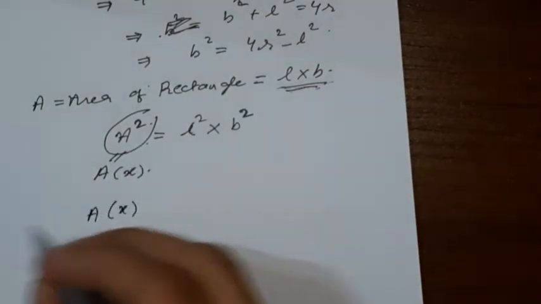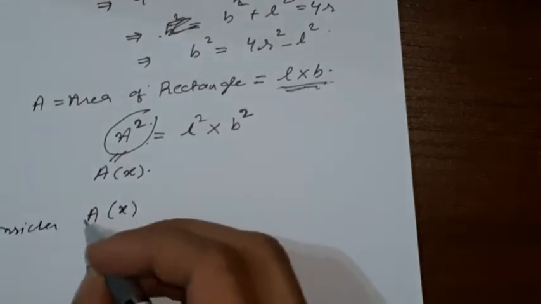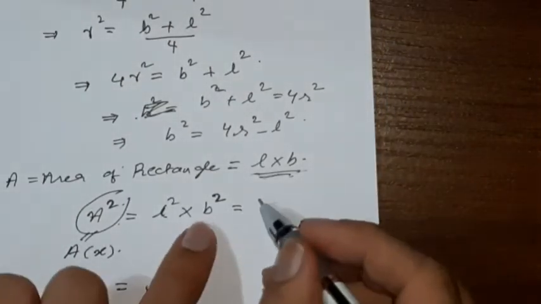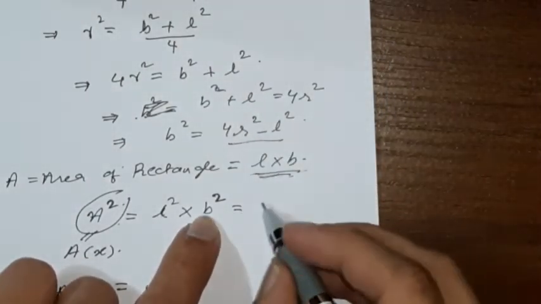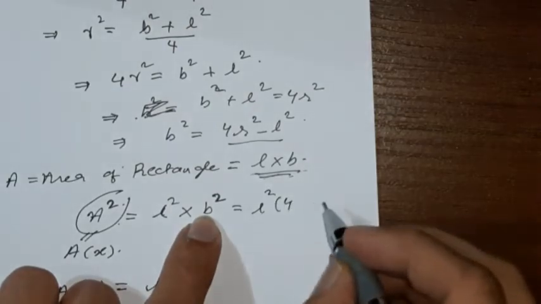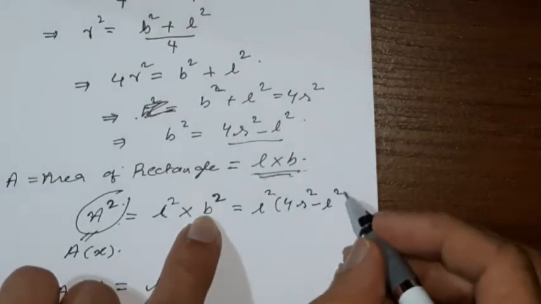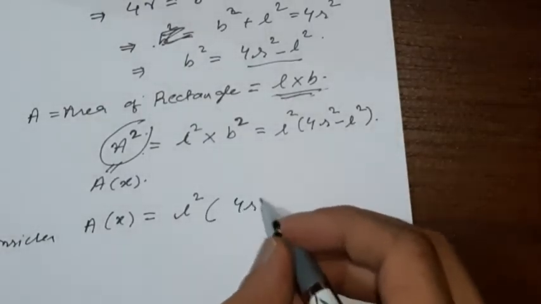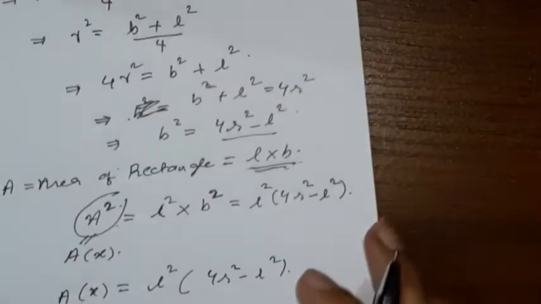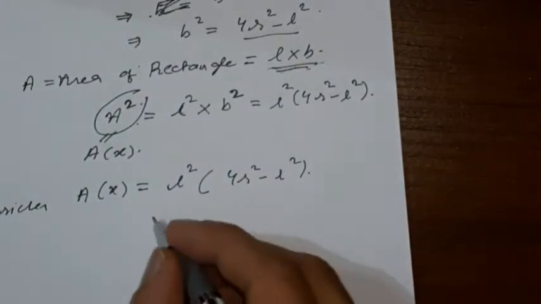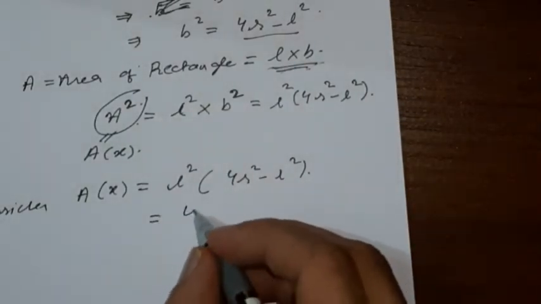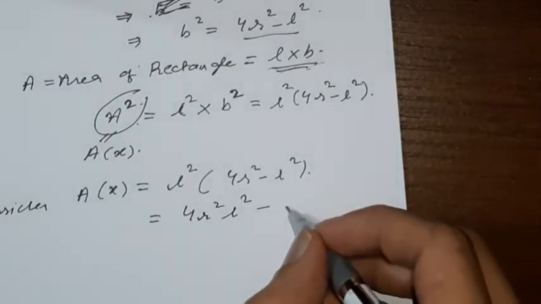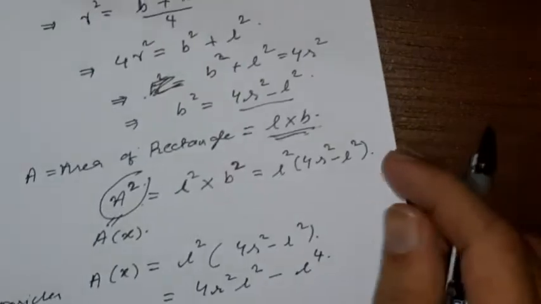So A(x), consider A(x) equal to L², right? What is B²? That is this, right? So this will be L² multiplied by (4R² − L²). So L² multiplied by 4R² − L² you are getting. So this will be 4R²L² − L⁴, right?